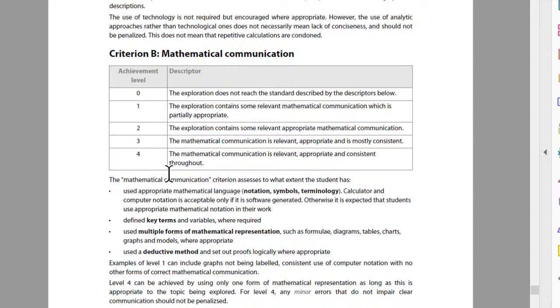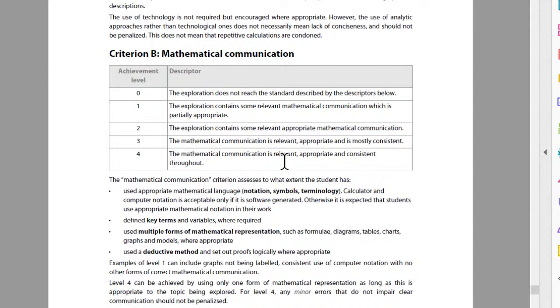So minor inconsistencies. The mathematical communication is relevant. We have the author drawing over the map and showing, okay, this is that length, this is this length, this is how we're going to calculate with Pythagoras' theorem.